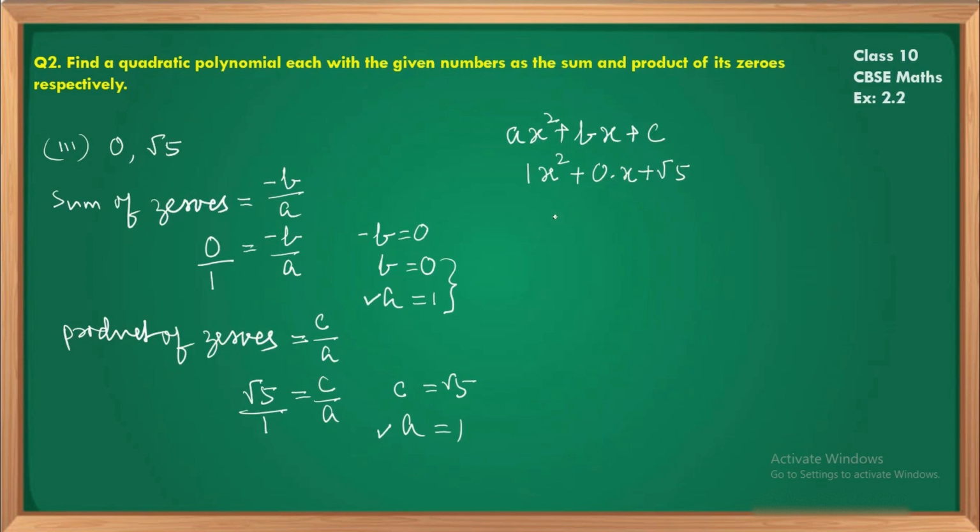Now simplify, you get x square plus 0 plus root 5. Now this need not be written, so we simplify further, x square plus root 5. This is the quadratic polynomial of this question.